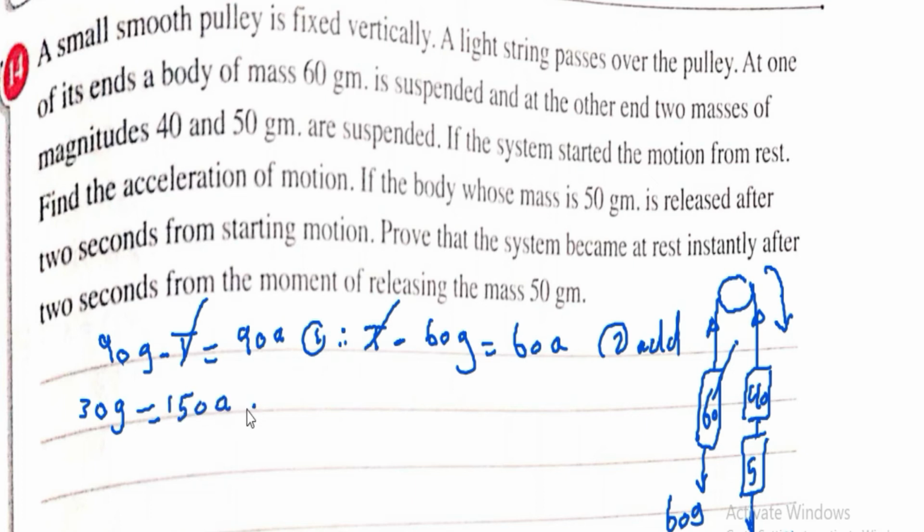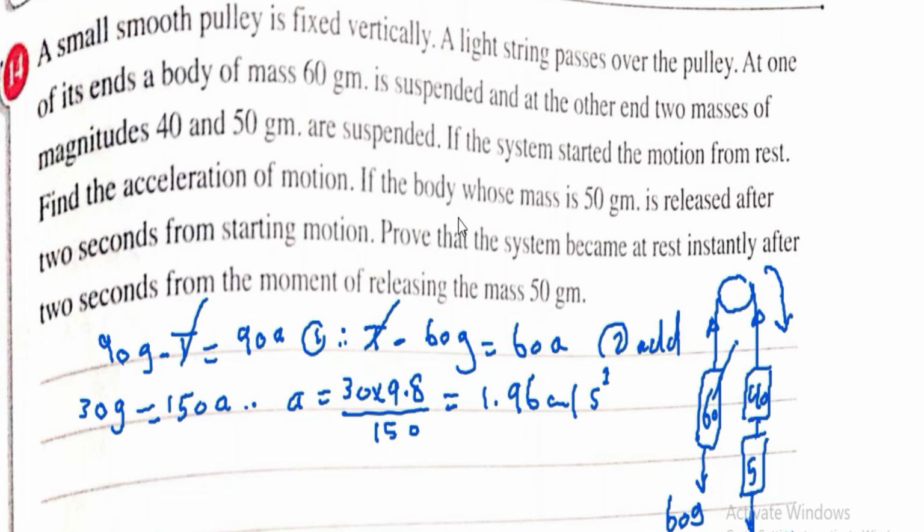Therefore, a equals 30g over 150, 30 times 9.8 divided by 150. It will be 1.96 centimeter per second square. This is the acceleration of motion.